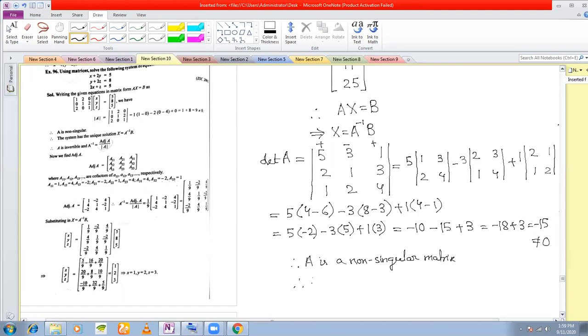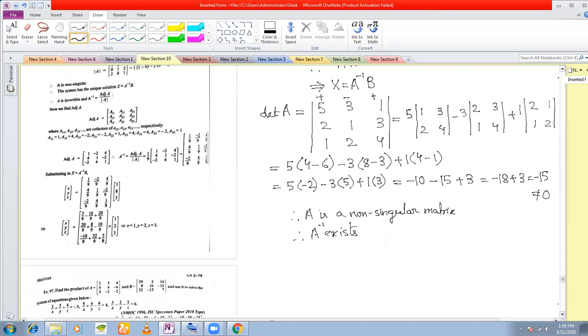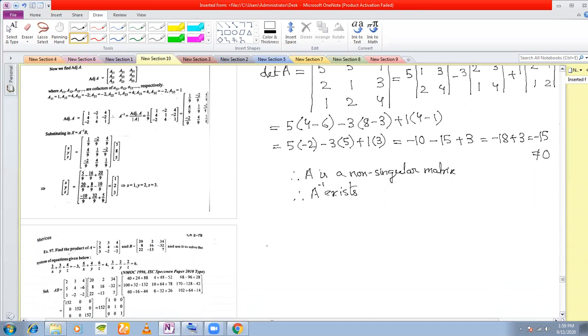Therefore, A inverse exists. Now we proceed to find A inverse. But before finding A inverse, we must find adjoint of A. So let us find adjoint of the matrix A.